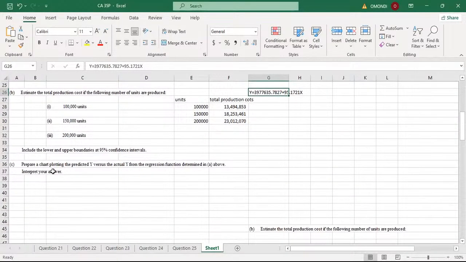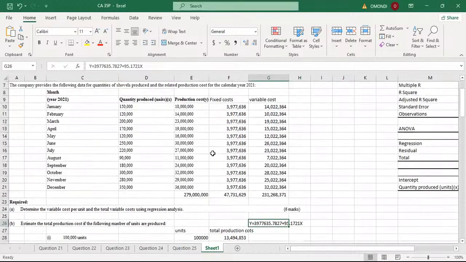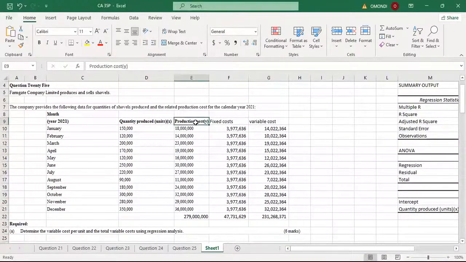Prepare a chart plotting the predicted y versus the actual y from the regression function determined in A above. So the actual y is this one here, production costs.